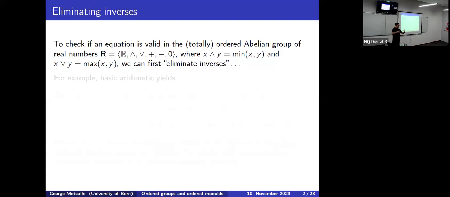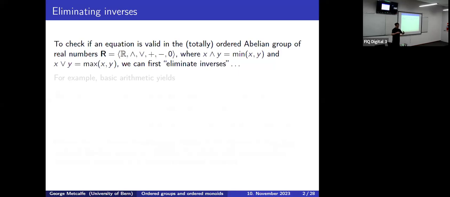So when you're in a totally ordered setting, these operations are just minimum and maximum. Now, how can we decide if an equation is valid in this structure? And by an equation, I mean terms built using variables and the operations of the structure. So you have meet and join, plus, minus, and 0.